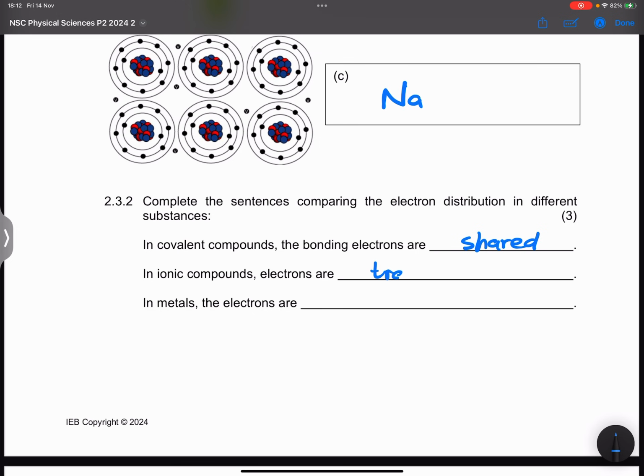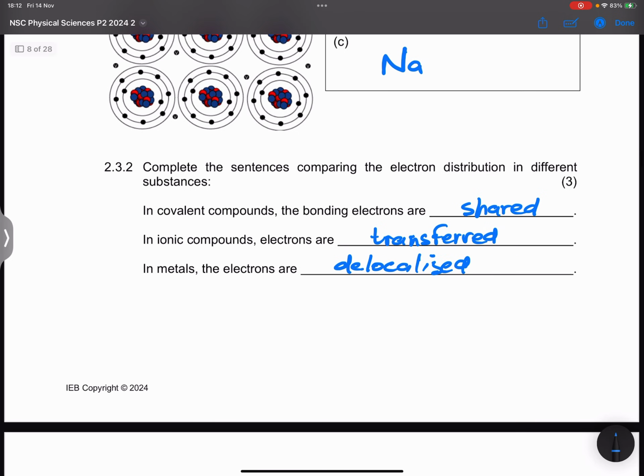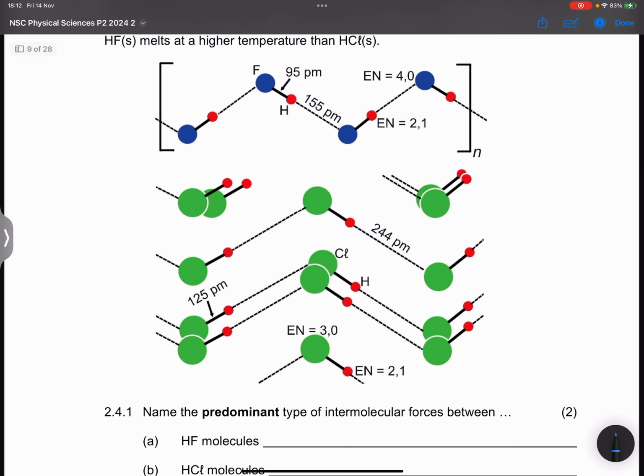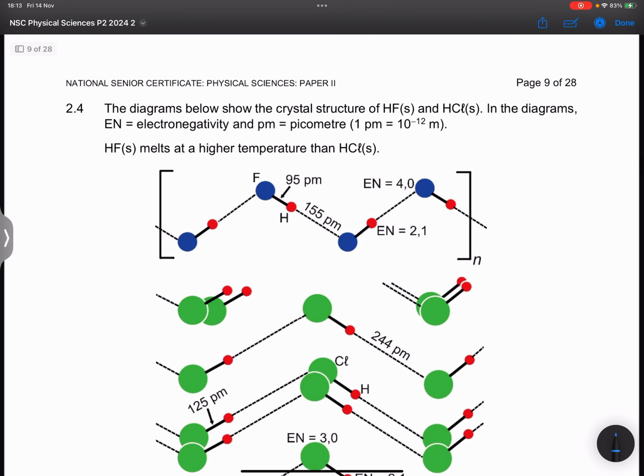So they are transferred. And finally, in metals, we say that electrons become free, or you can say they become delocalized. This is what makes metals good conductors of electricity, because of the delocalization of those electrons. Right, let's get to the last part of this.